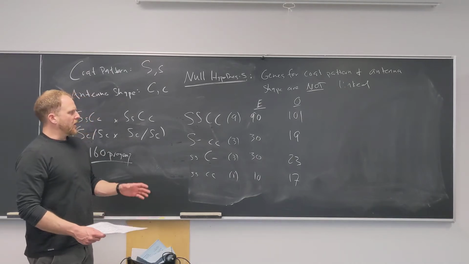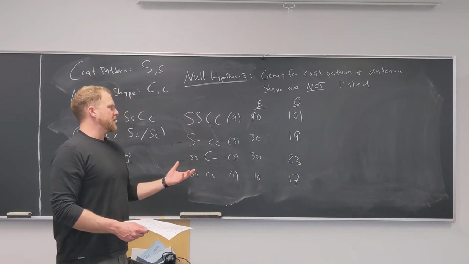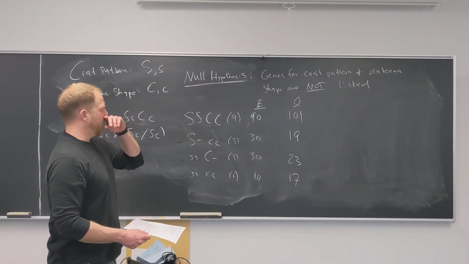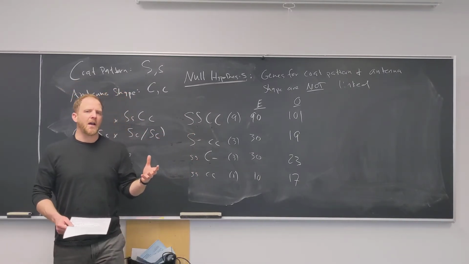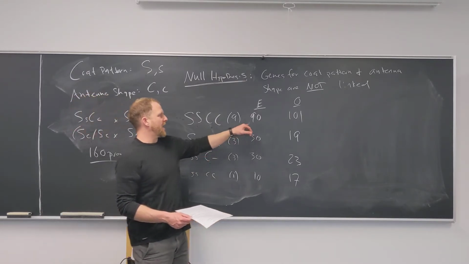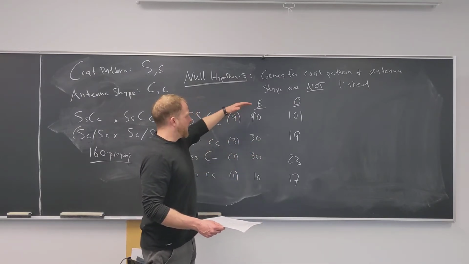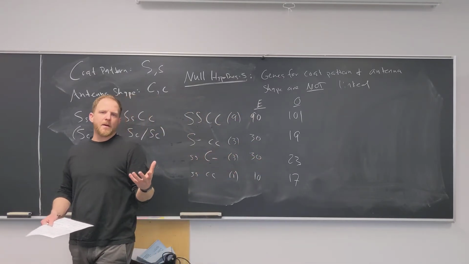I changed the data up here just to illustrate why this test is important. If you look at these data right now, it's not as obvious as last time that we're off from the expected phenotypic ratios. 90 is certainly different than 101, and 19 and 30 are certainly different, but they're not as obviously different as I made them out to be last time.